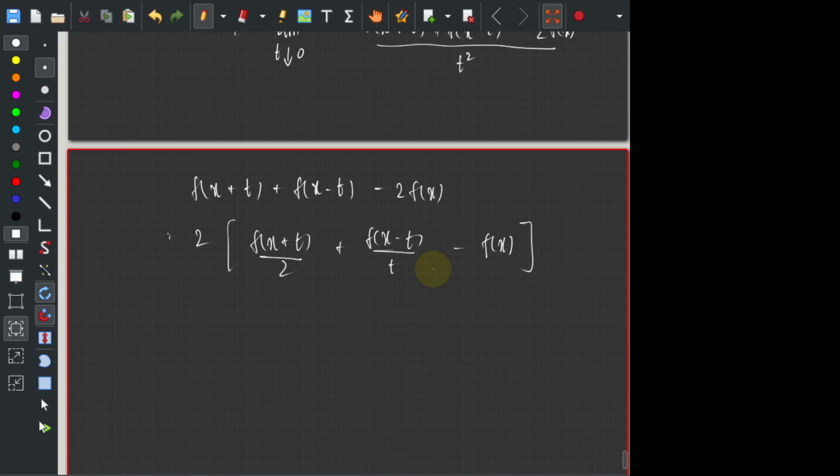I'm just rearranging the terms. Now, what do we know about the function f? It's convex, right? So can we use this property here? How?